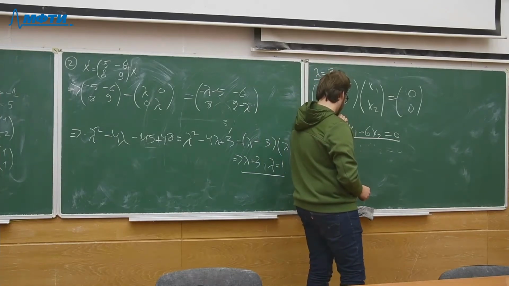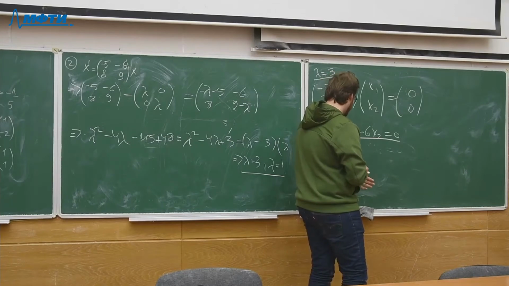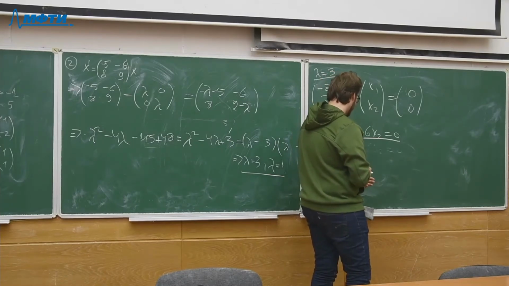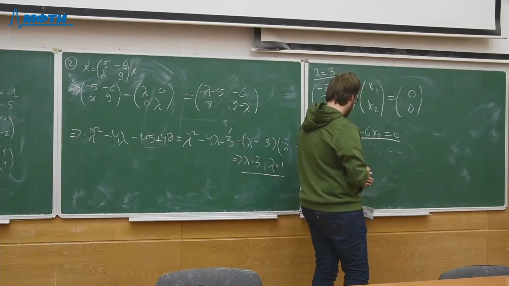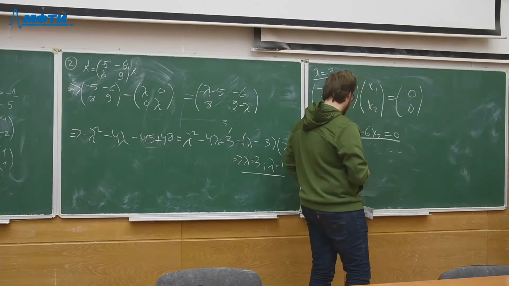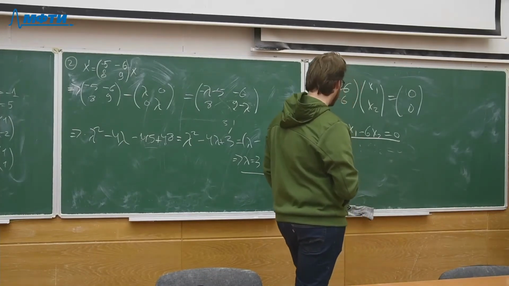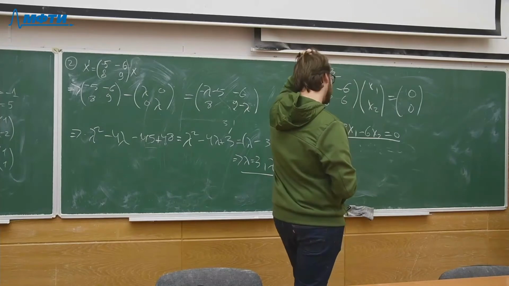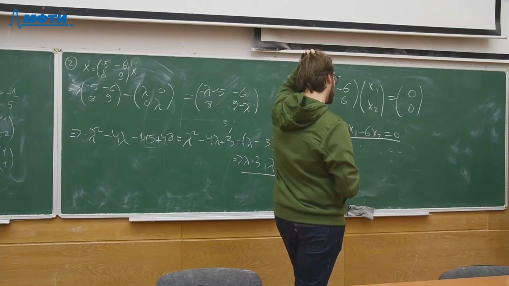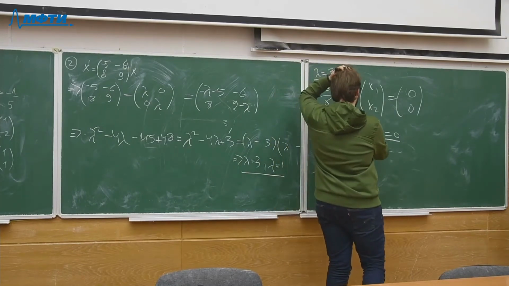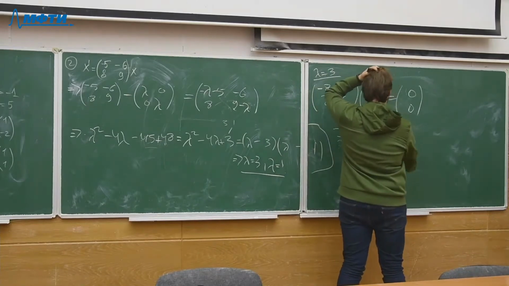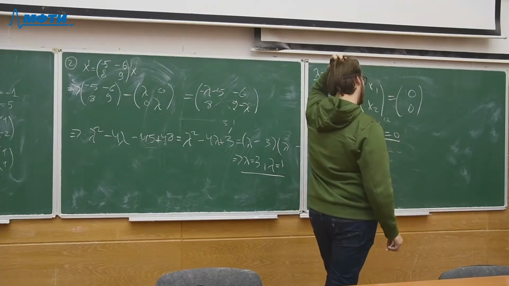Why guess? Because sometimes you have something like ax1 plus bx2 equals 0, and it is easy to check that this equation is satisfied by the numbers b and negative a.